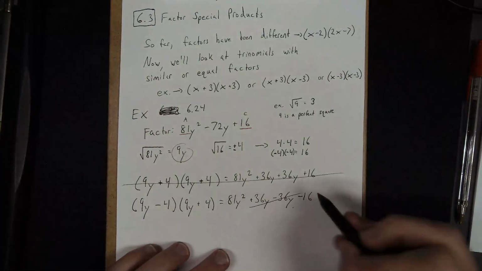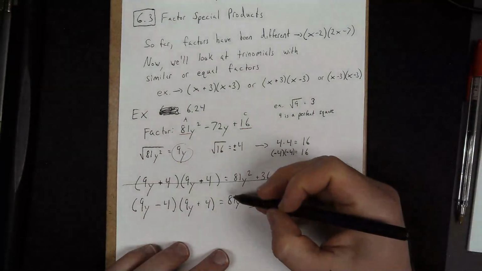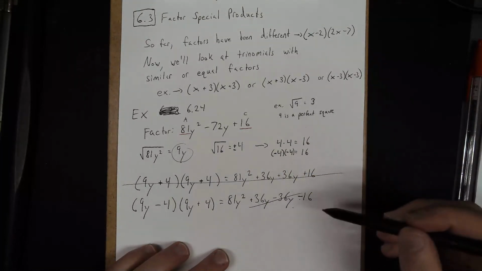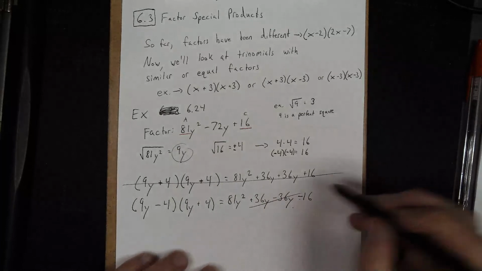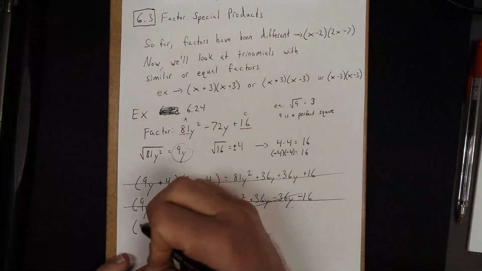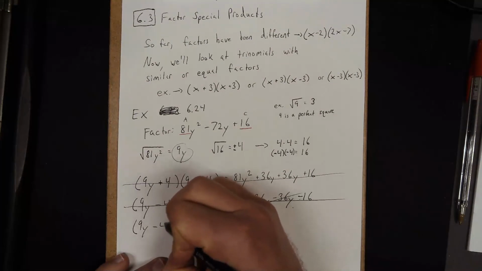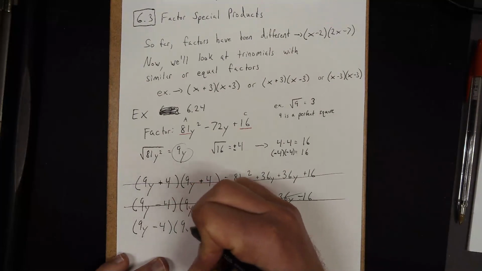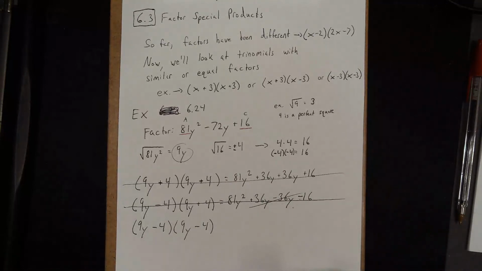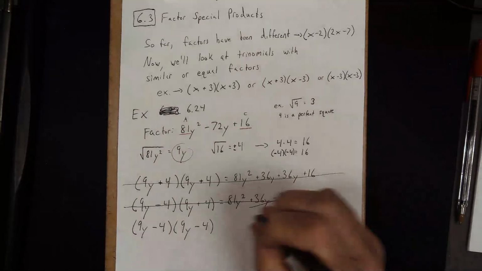These would cancel, and we'd be left with 81y squared minus 16. I'm not liking that. It doesn't add up, so we know that doesn't work. So there's only one thing left: 9y minus 4 times 9y minus 4. If you multiply it out, that will give you your answer.